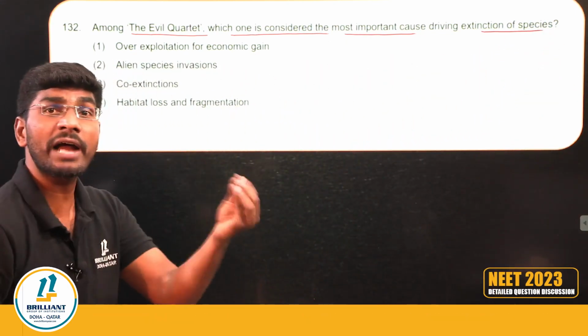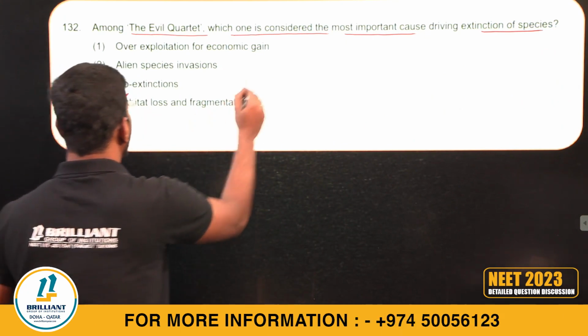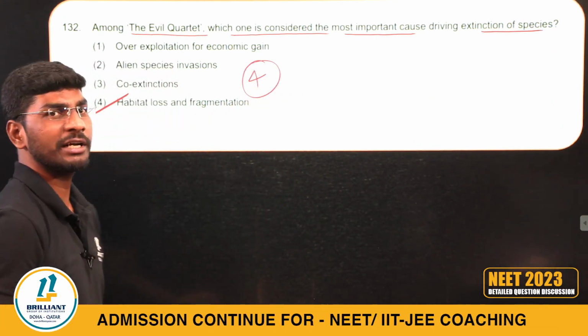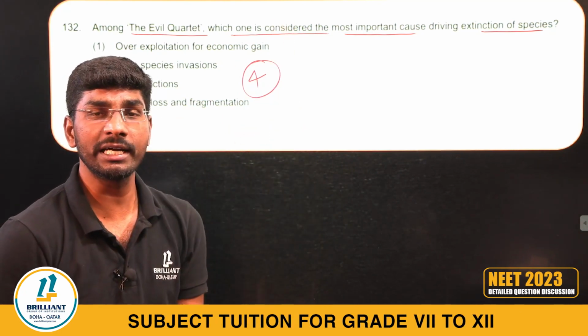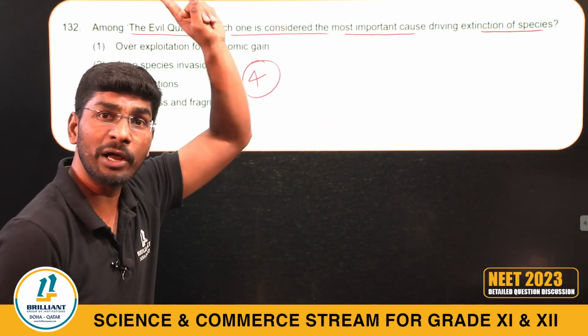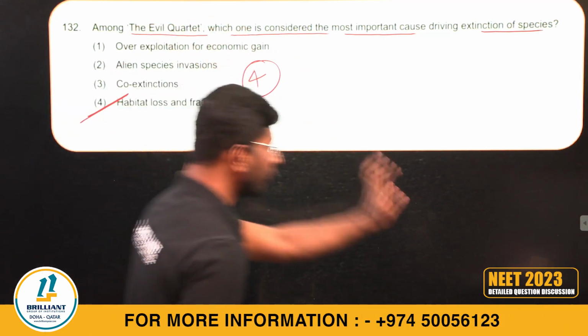I told you, fragmentation or habitat loss. Habitat loss or fragmentation is the most important one, and it decreases biodiversity very fast. This is the biodiversity conservation chapter, answer 4.